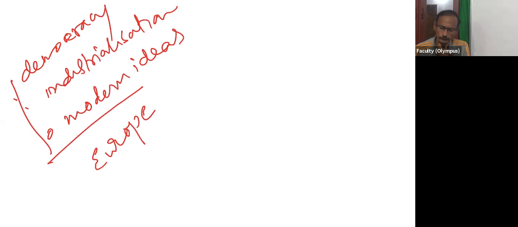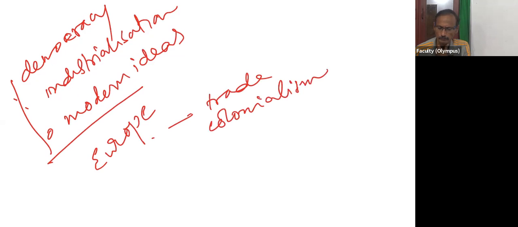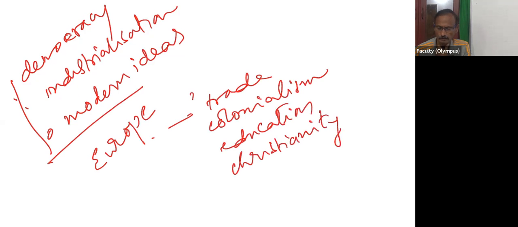How did Europe spread its ideas to other countries? Trade, colonialism, education, Christianity. So new ideas entering the traditional societies and changing them is modernization.